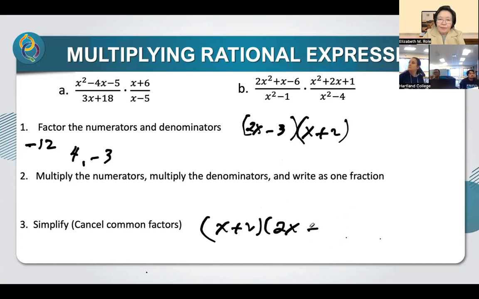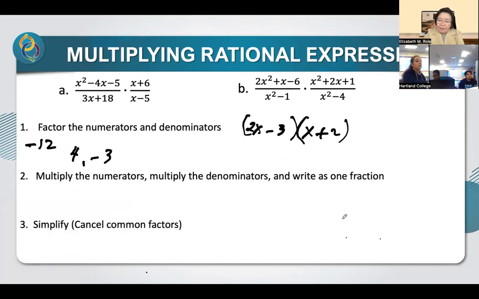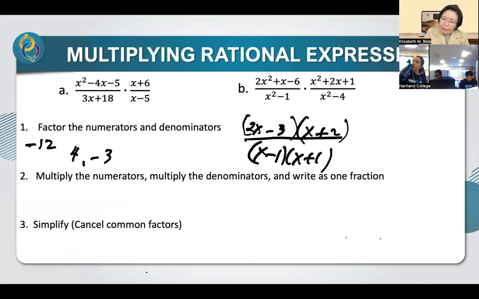Of course, factoring by grouping is, as I already said, more systematic than just doing some trial and error. But if you are already at the point where you can do trial and error, then that would be fine. So now we say over x minus 1, x plus 1.